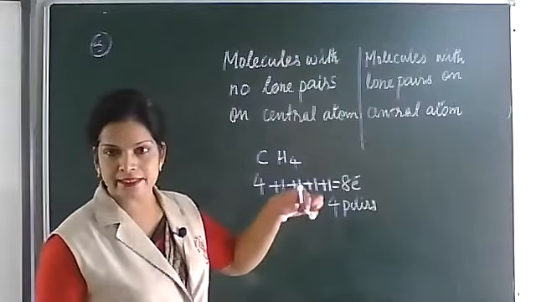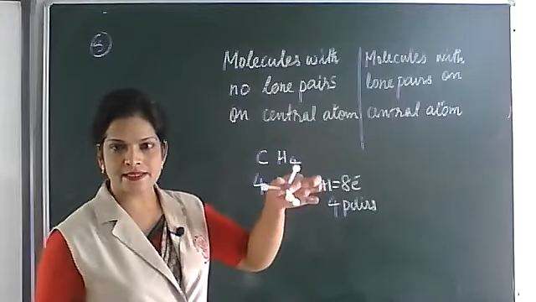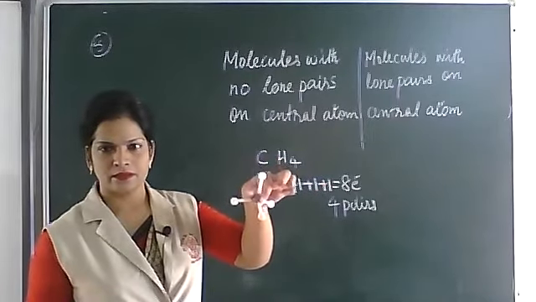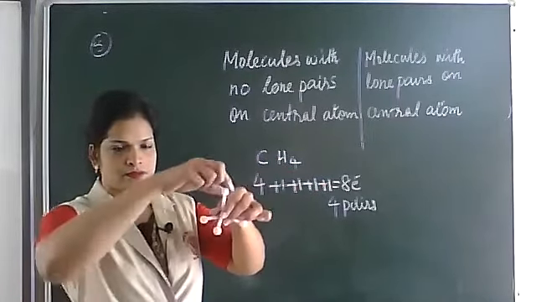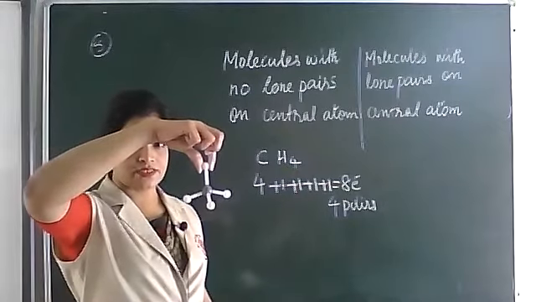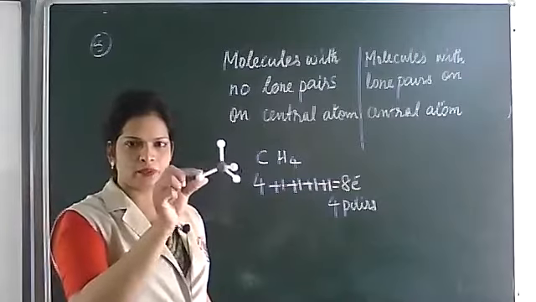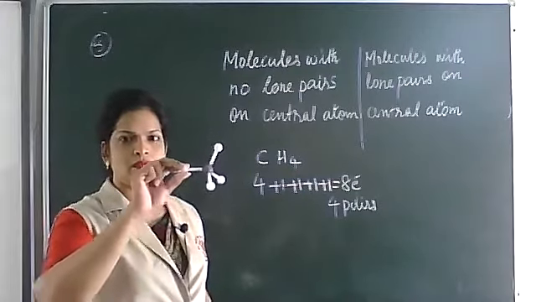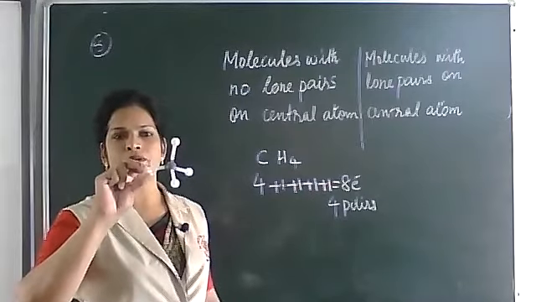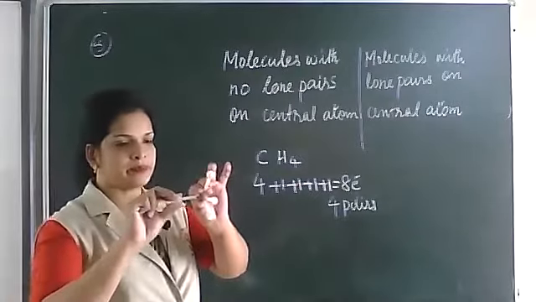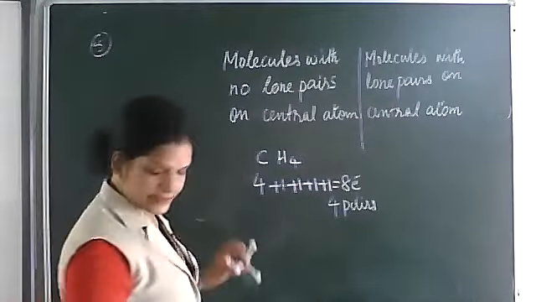So I will write this. This is tetrahedral structure. All bond angles are equal, which is equal to 109 degree 28 minutes. So this is a regular tetrahedron.